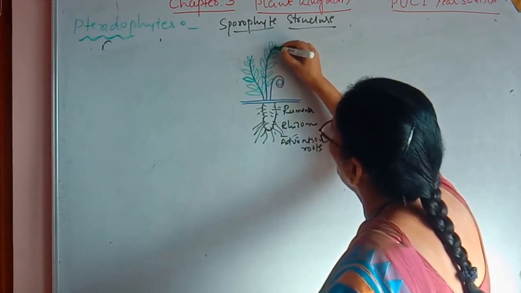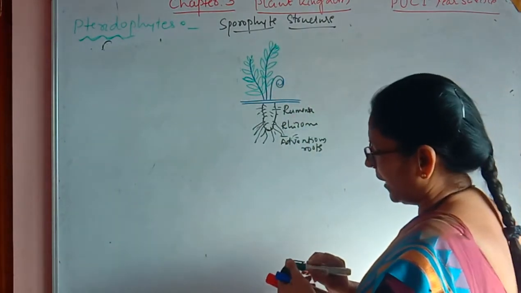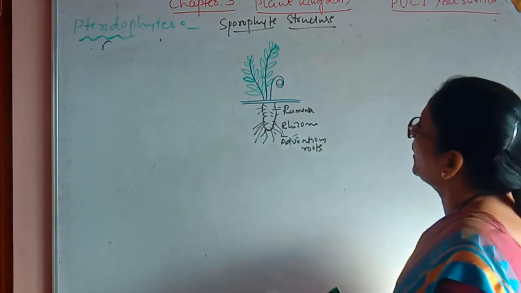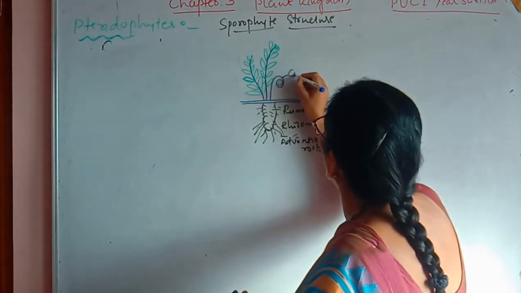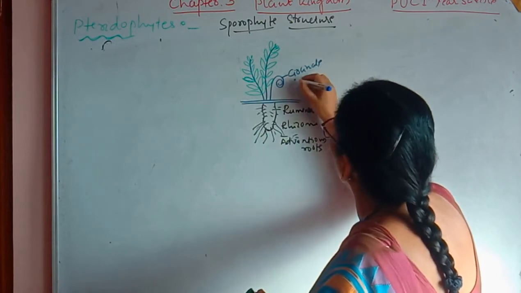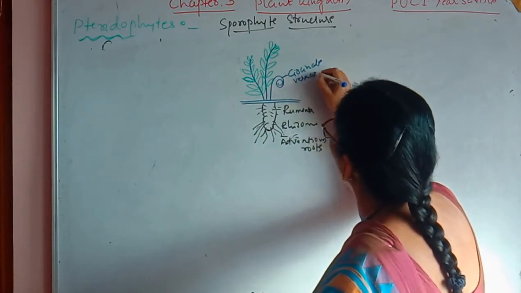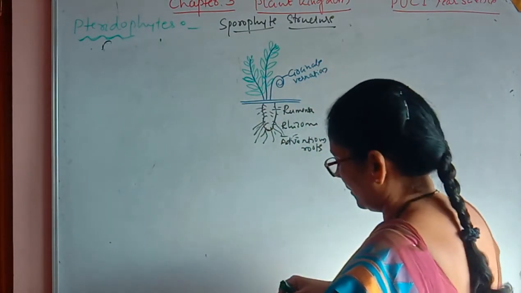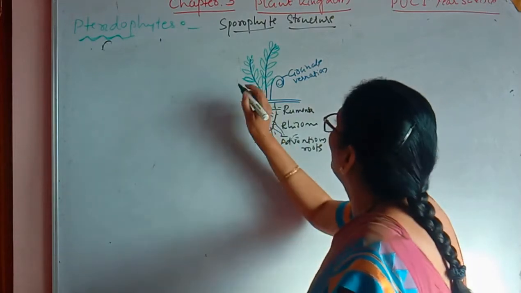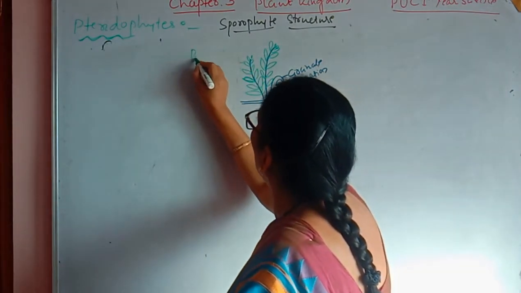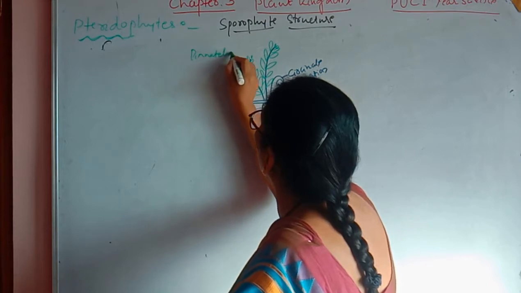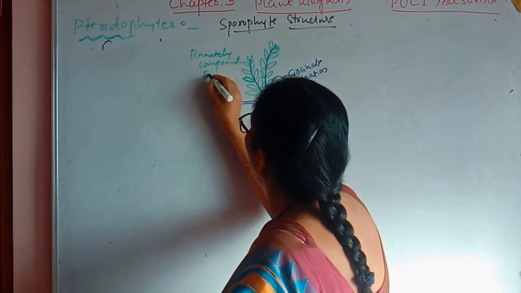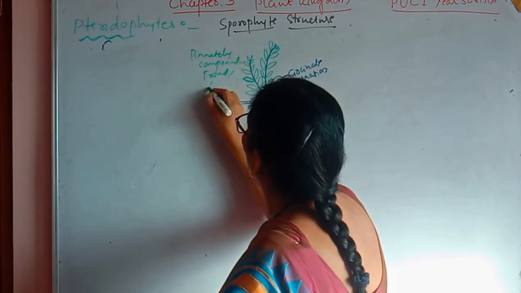They are green in color and photosynthetic. So the young leaves which are coiled in form, they are called the circinate vernation. And these are called the pinnately compound fronds or leaves.